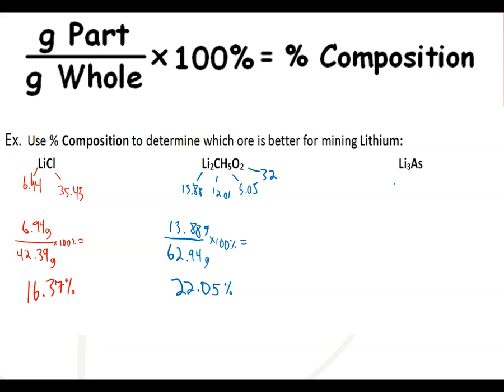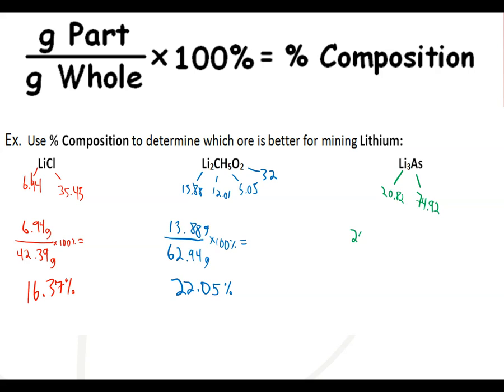So if we look at this third one, which has got 3 lithiums, you might be thinking, hey, 2 lithiums did so well, 3 might do even better. Let's find out, because arsenic can be a heavy element here. So when we're talking about our compounds, this is 20.82 grams of lithium for our grams of arsenic, which is 74.92.